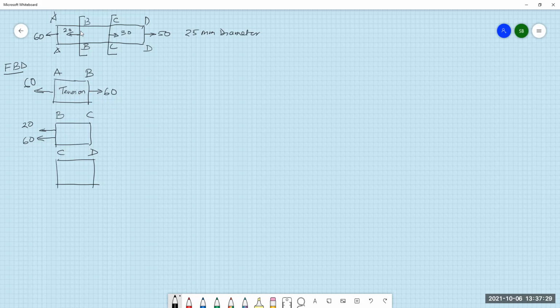Next, at this section B, we have the actual load, given as 20 kN, with the same orientation.